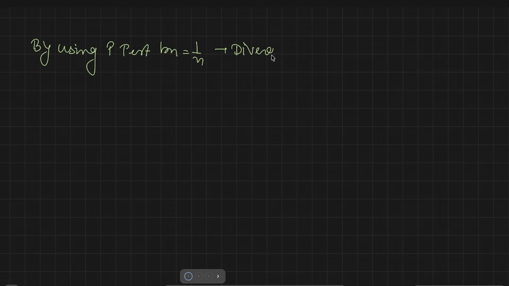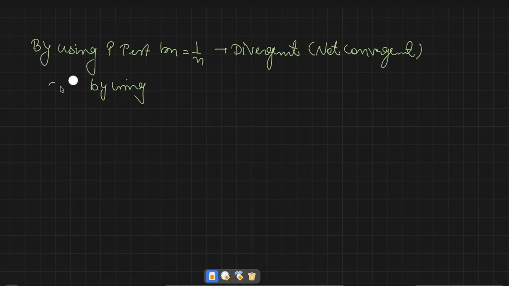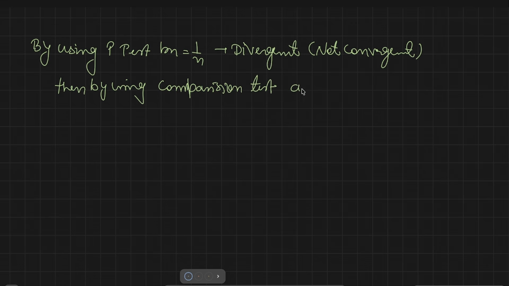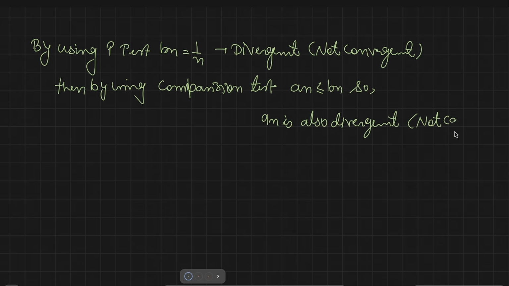Okay, so you can write down by using the p test, bn equal to 1 by n is divergent, or you can write not convergent, and by using the comparison test, an is less than bn, so an is also divergent, or you can say not convergent.